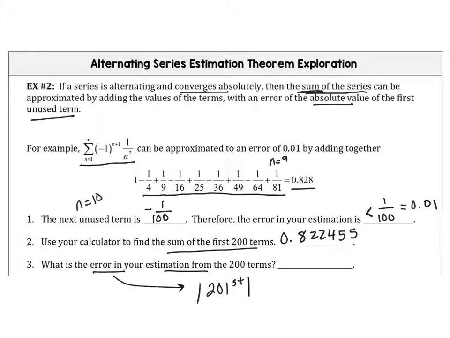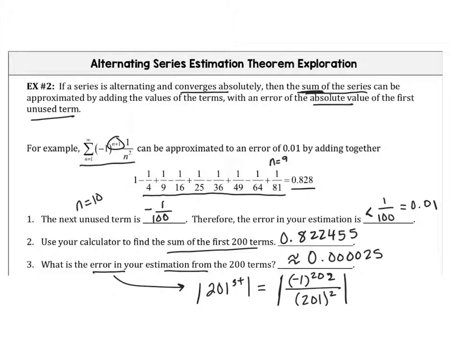So that means I have the absolute value of negative 1 raised to the 202, because it's n plus 1, over n squared, which is going to be 201 squared. That's going to be the error of my approximation. Once you plug that into your calculator, it's approximately 0.000025. So it's your next unused term, and of course, it is the absolute value of that.